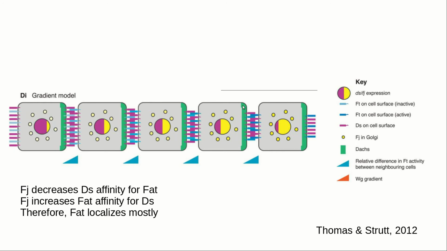So in the end, this results in an orientation of Dachs's location, because Dachs is repressed by Fat, so it will not locate in this external side of the cell, and that's what creates a gradient. Okay, so this is how cells can read their position, and that gets polarized.